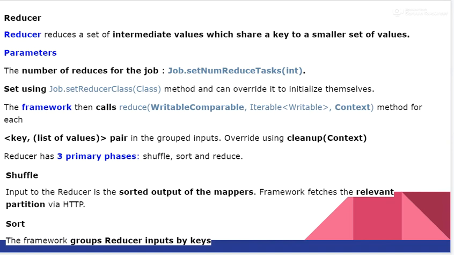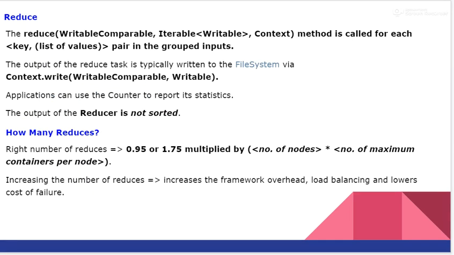Any operation you do is easier when your data is sorted. When you do a sort operation, it generates that iterable list of values for every key. Using that, you can do the reduce operation, which is the third operation given by the reducer, which I just mentioned.